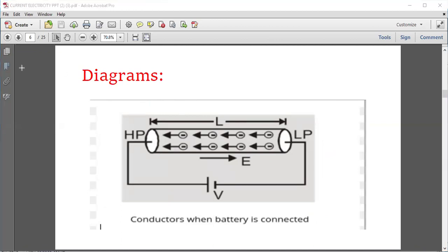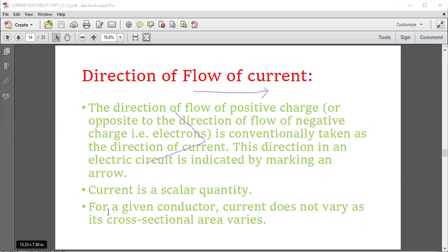Current will flow in what direction? Current will flow from high potential to low potential. Current will flow in this direction. Is it clear? Means the direction of current is in the direction of flow of positive charge. What is the direction of flow? It is the direction of flow of positive charge.